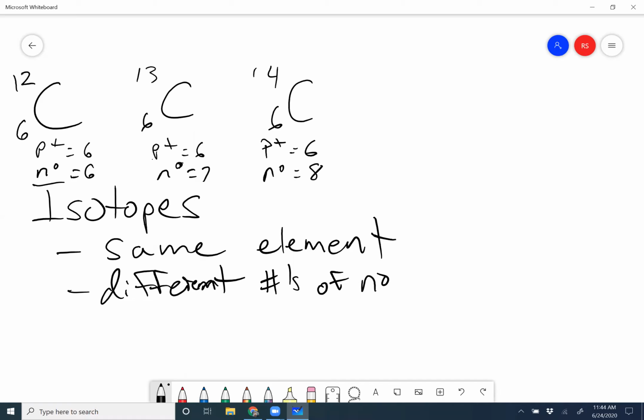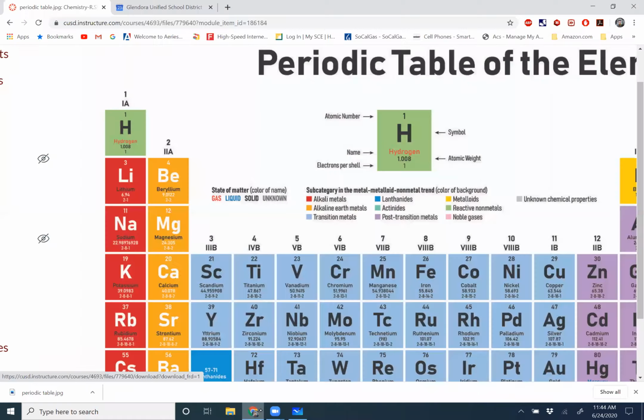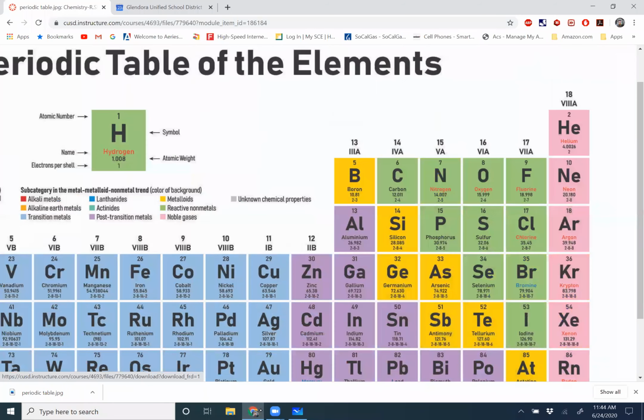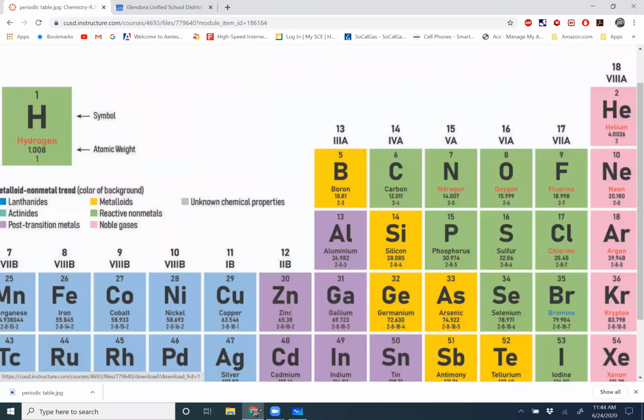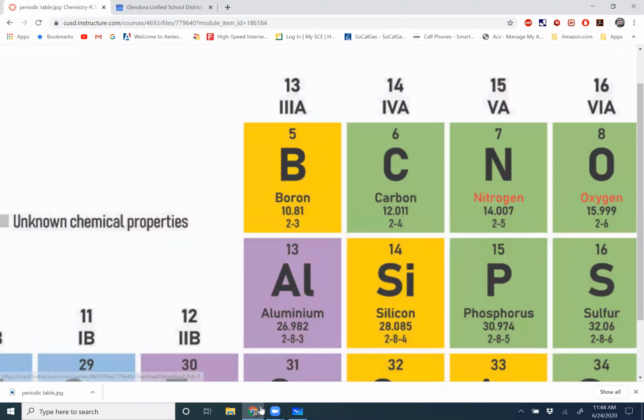Carbon 12, carbon 13, and carbon 14. Now, if we go back to our periodic table and we look at carbon right there, you'll notice that carbon says that its atomic mass, in this case it's called its average atomic mass, or mass number, is 12.011. And that's because it's an average of all of the atoms of each type of isotope.